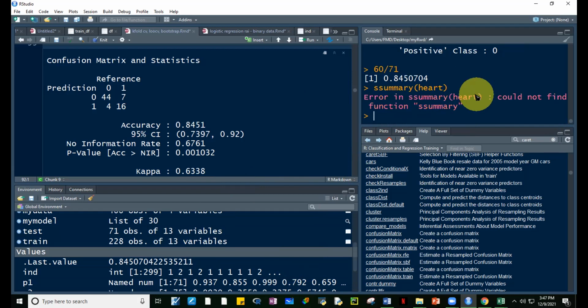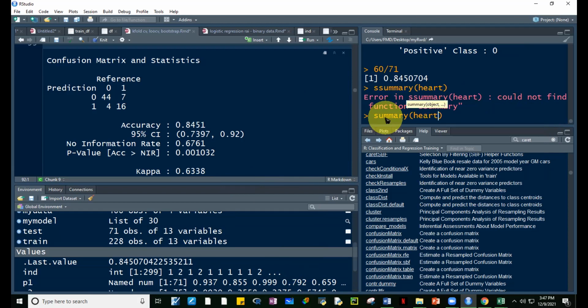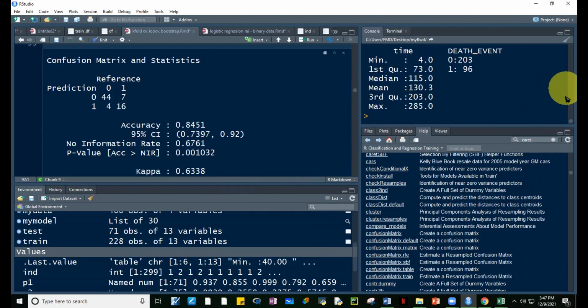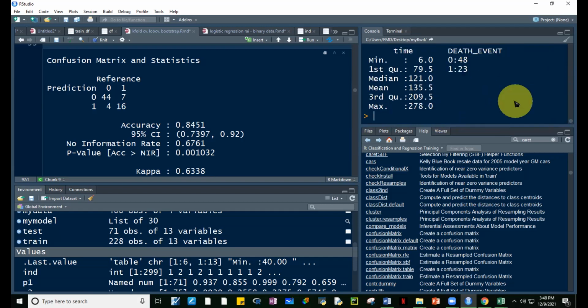Summary, and then heart. Okay, mali. Summary kasi ang minomodel natin si test data. Okay, ito si test data natin, no?